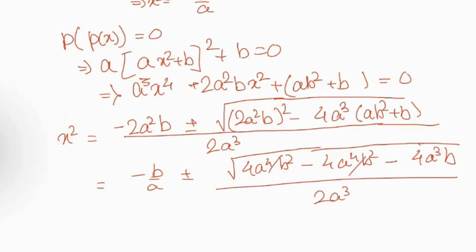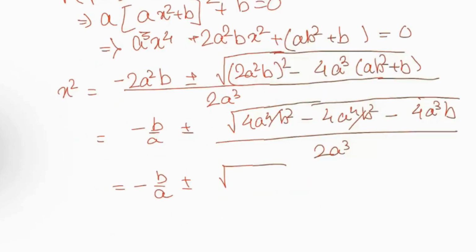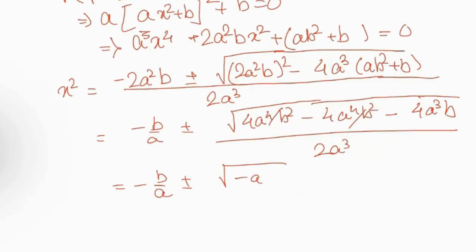Now the first terms cancel out, so it equals minus b by a plus minus root; if you bring out the 4, it cancels the 2, and if you bring out a square, it becomes a, and we cancel one a with it. So it will be minus ab by a square. So it will be minus b by a plus minus i root ab by a square.